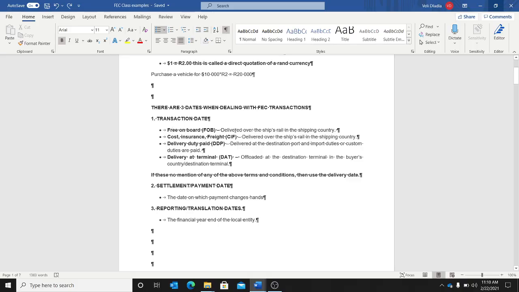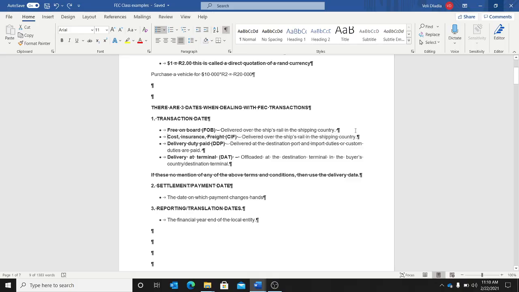Free on board says when you deliver over the ship's rail in the shipping country, meaning if I'm buying something from China, when my seller delivers my goods at the harbor in China, I start to be responsible as the buyer. I carry the risks and rewards that are associated with ownership. Now, you will see the second one called cost insurance freight.